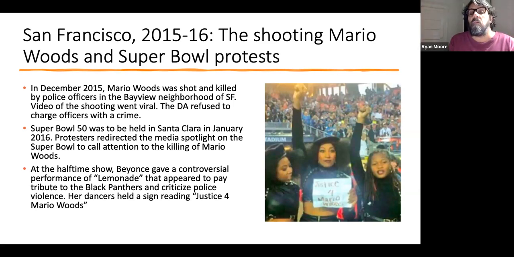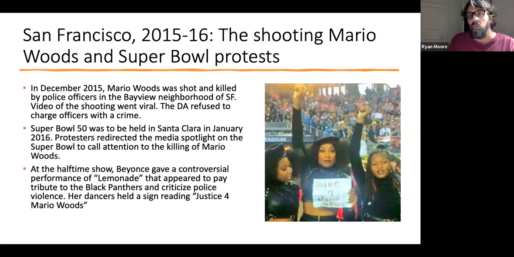And the Super Bowl was going to be held here in the Bay Area in Santa Clara in the 49ers stadium in January of 2016. So protesters took advantage of the fact that the media spotlight was on the Bay Area, and tried to redirect that spotlight on the Super Bowl to call attention to the killing of Mario Woods.